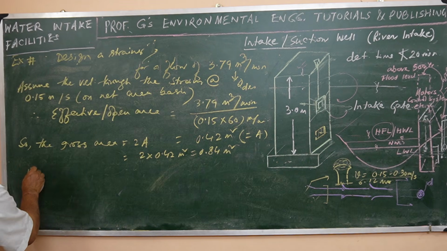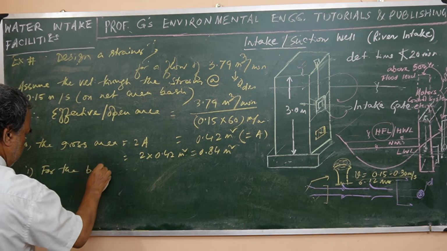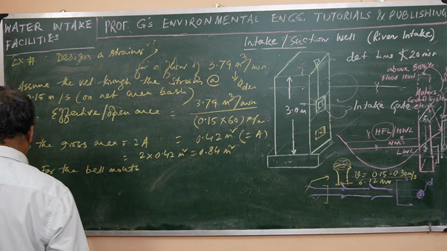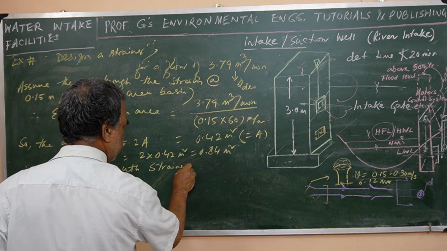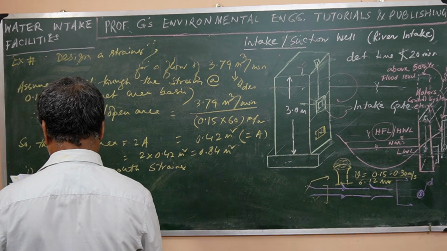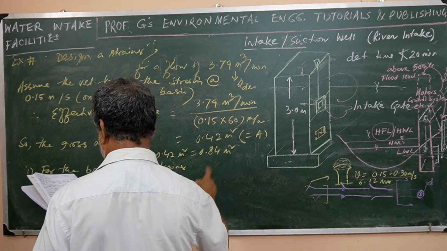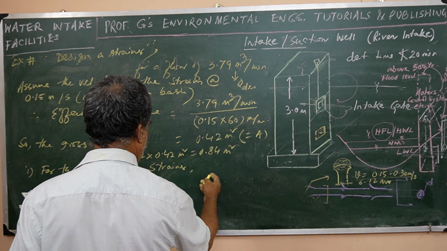So this is the first option, the bell mouth strainer. It is a bell like this one, right? So from the area you can get the diameter, pi d square by 4 again.